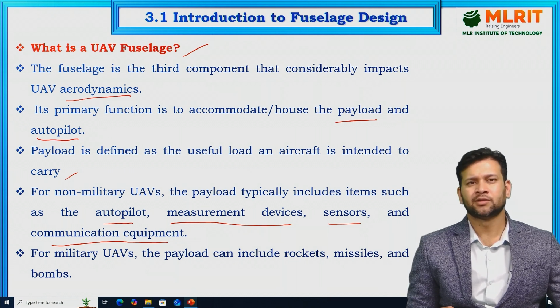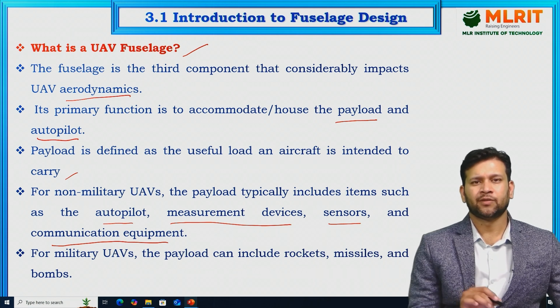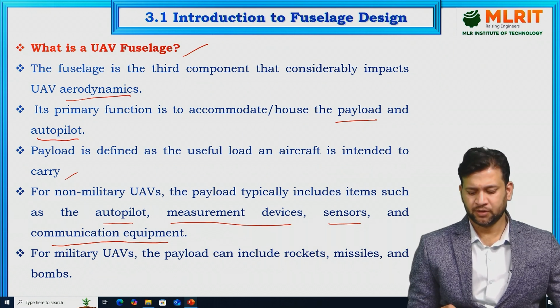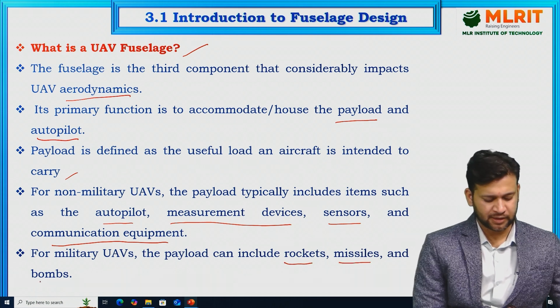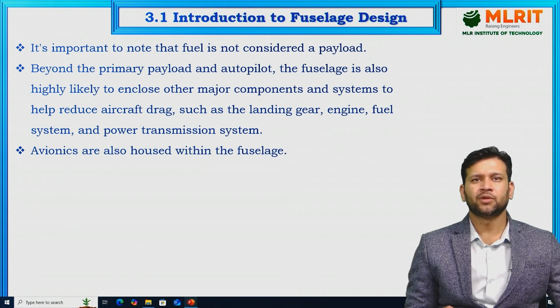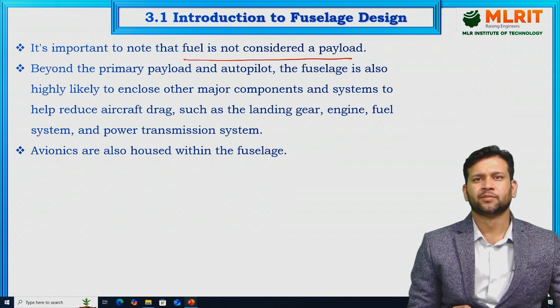For example, an unmanned air vehicle intended to carry logistics of 1 kg or 2 kg, depending upon its maximum takeoff weight, will carry that logistics accordingly. For military unmanned air vehicles, the payload can include rockets, missiles, and bombs. It is important to note that fuel is not considered a payload.